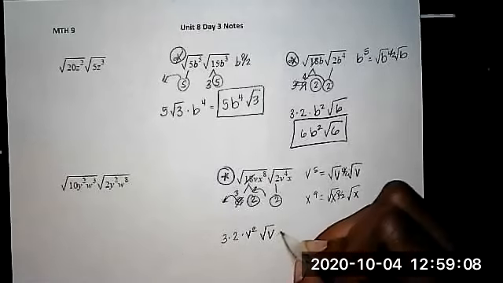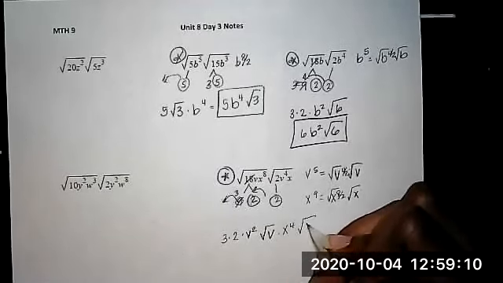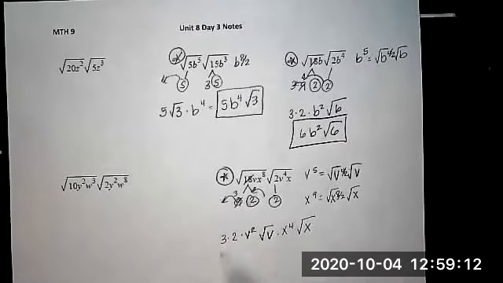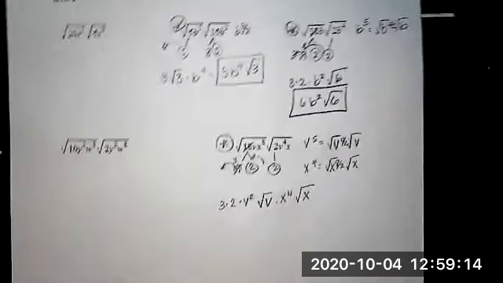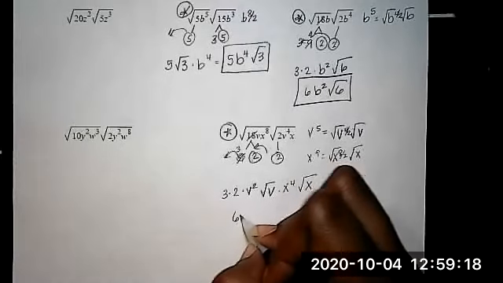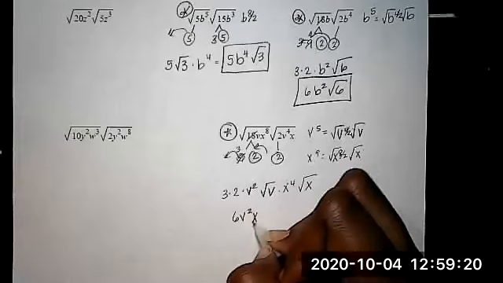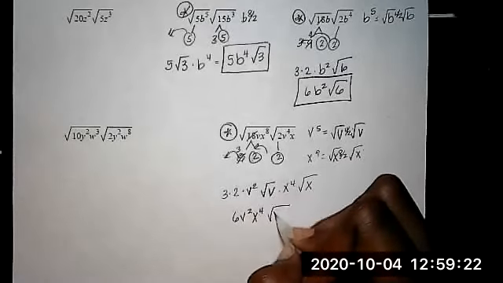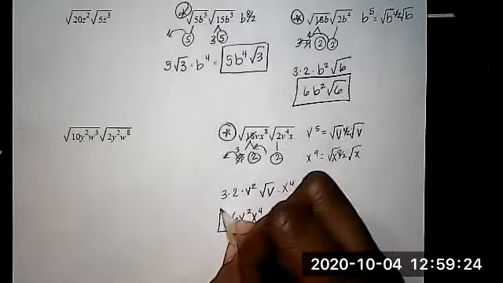Divide that by 2, x to the 4th came out, and then there's an x on the inside. So all the numbers on the outside go together. 3 times 2, and then the b and the x. So this becomes 6b squared, x to the 4th is outside. What's left over? bx on the inside. Okay.